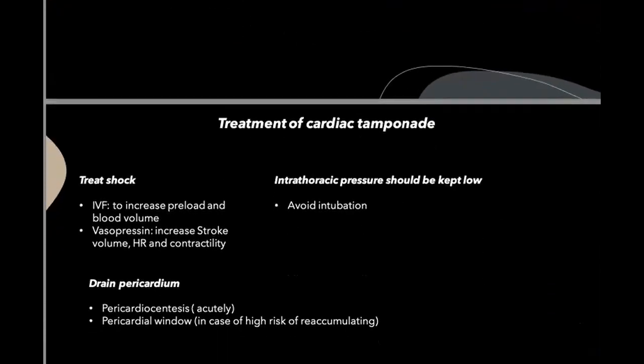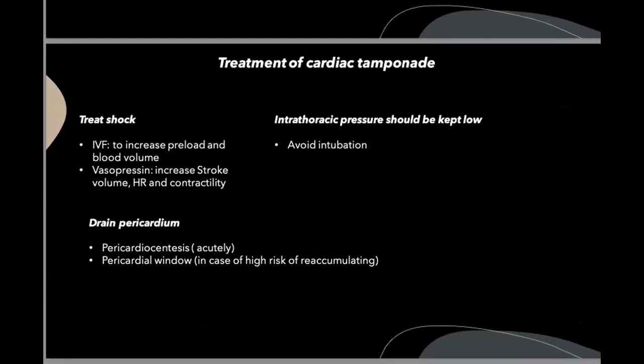So treatment of cardiac tamponade will be that we try to treat the shock, the obstructive shock that we have, and for that we can give IV fluids to increase preload and blood volume. We can give vasopressors to increase the stroke volume, heart rate, and contractility.